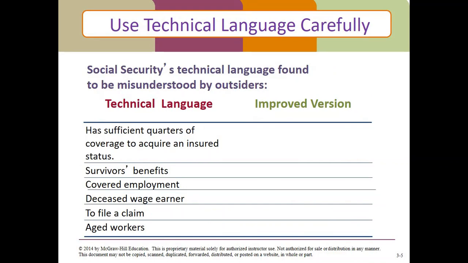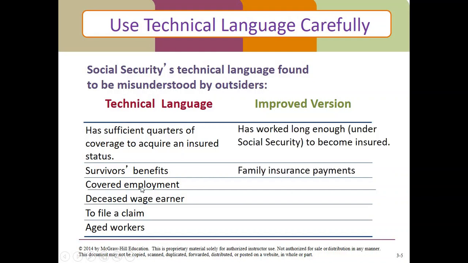Then about technical language. If you want to use any technical language, you should be very careful. Let's look at an example. There are some technical languages here on the left side. Now let's look at the improved version. If you say covered employment, your readers may not get the message.